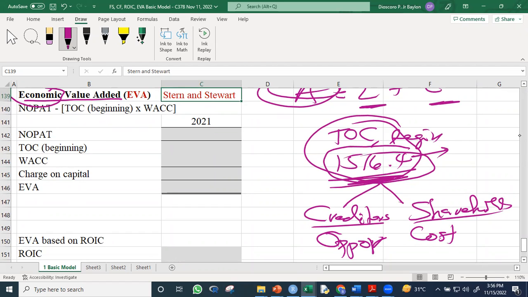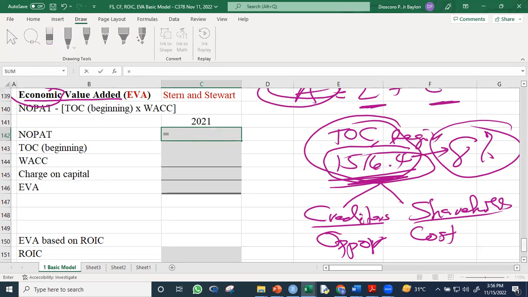I-charge natin sila. Anong rate? Ang gagamitin natin yung WACC natin, 8%. So yung capital na pinrovide ng company sa management, sa operations, it's not free. So we're going to charge management with that.